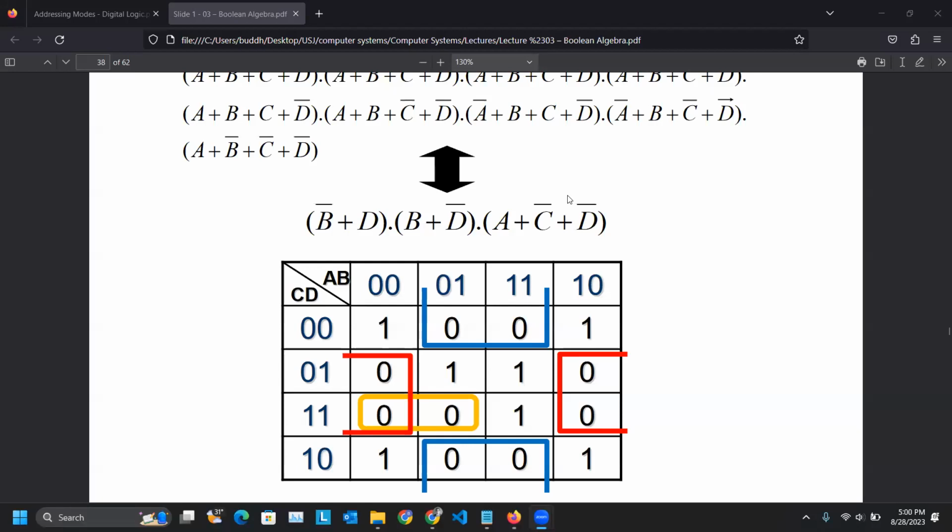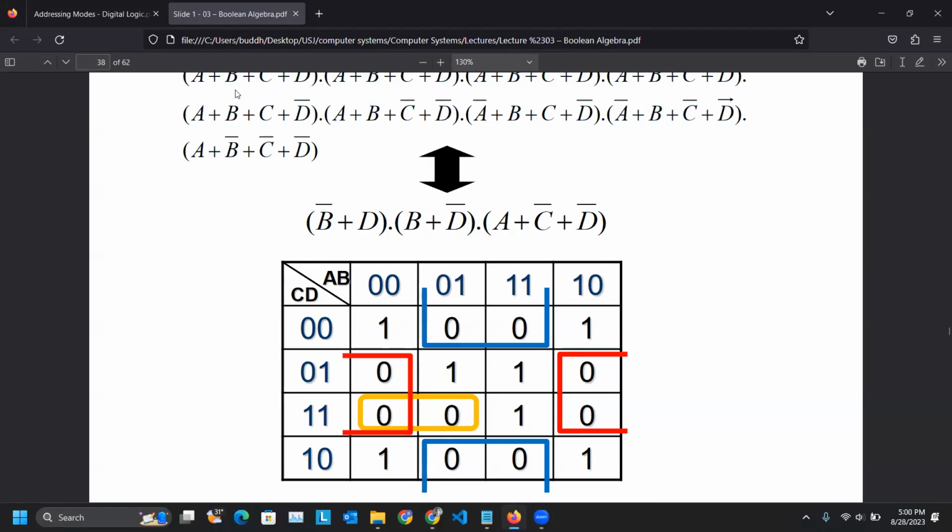So the same problem is with the product of sum, right? So here we are taking the product of sum, and these are actually the expressions when we compare with product of sum.